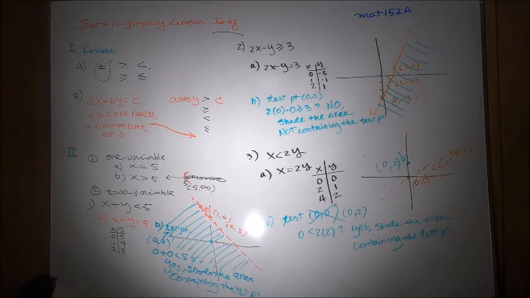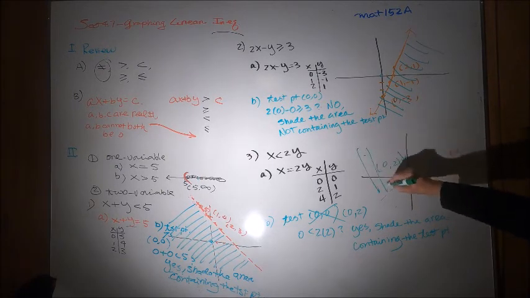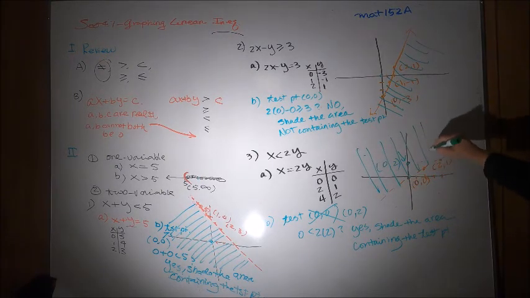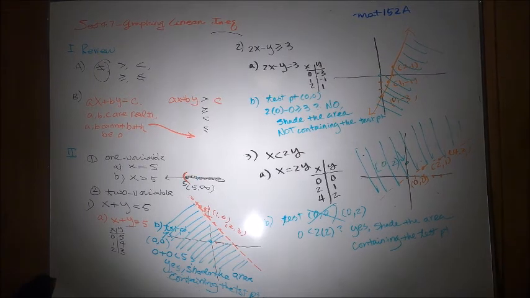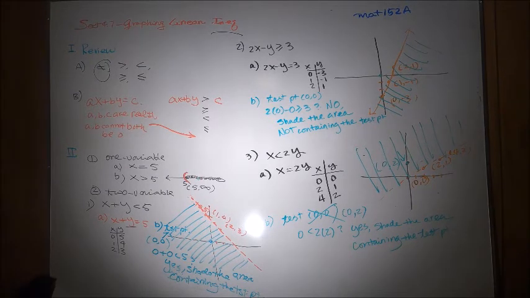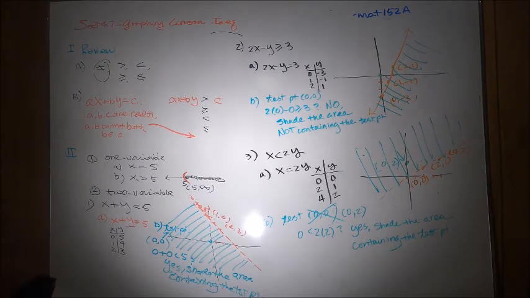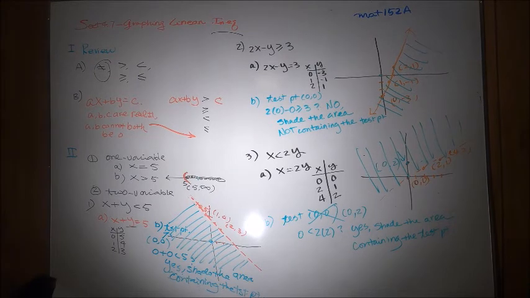If it works, you use that area. If it doesn't work, what do you do? You use the opposite area. Is that right? Right?